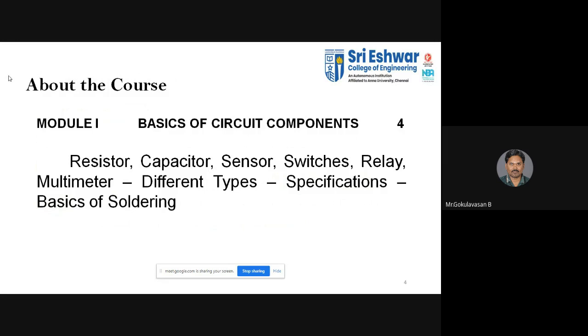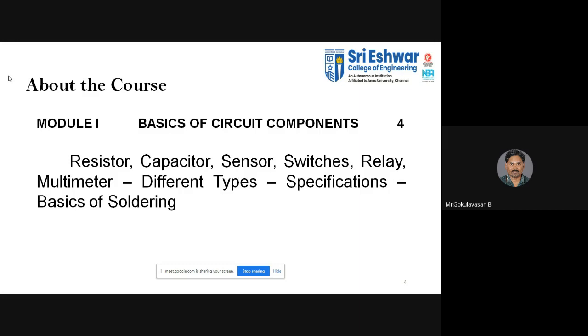Today is our 5th class. In the first class we had the course introduction: why we are studying this, what is the need of learning this particular course, what is its importance or essence, and what is the importance of learning core subjects or core courses.